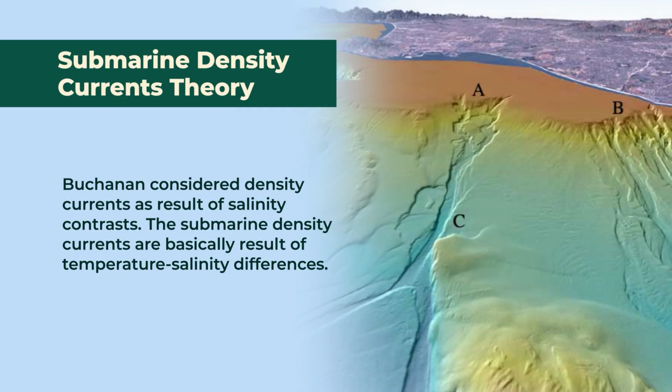Buchanan considered density currents as a result of salinity contrasts. Submarine density currents are basically result of temperature and salinity differences.